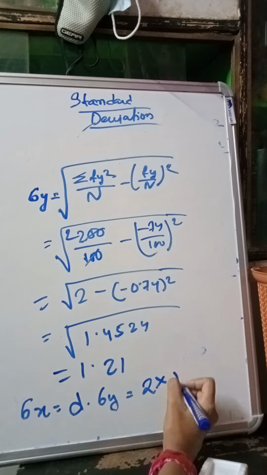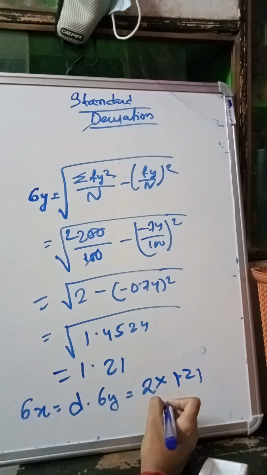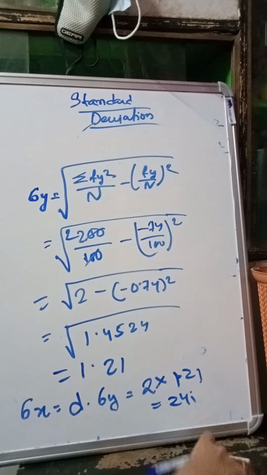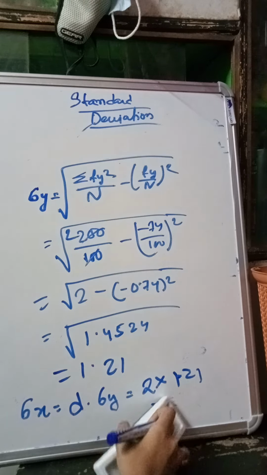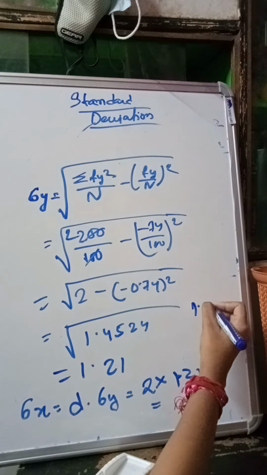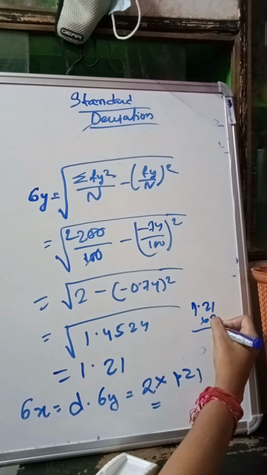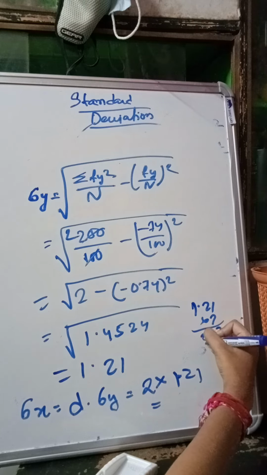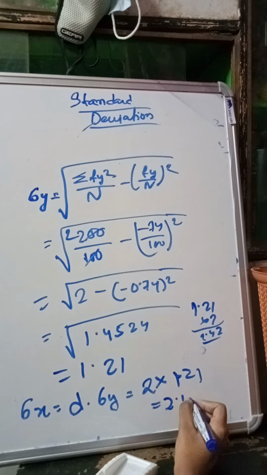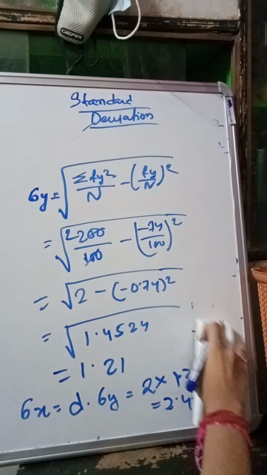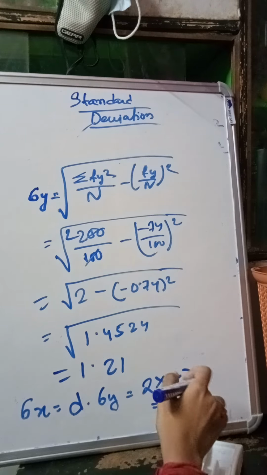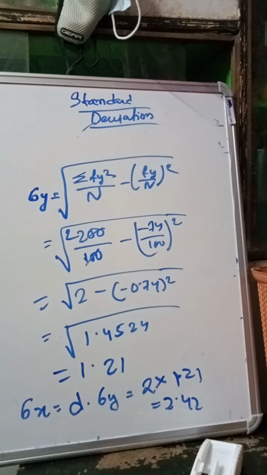So 2 into 1.21 is nearly equal to 2.4 if we approximate. Or we can write it exactly: 1.21 into 2 is 2.42. If you want, you can skip the decimal part and approximate it and then write.